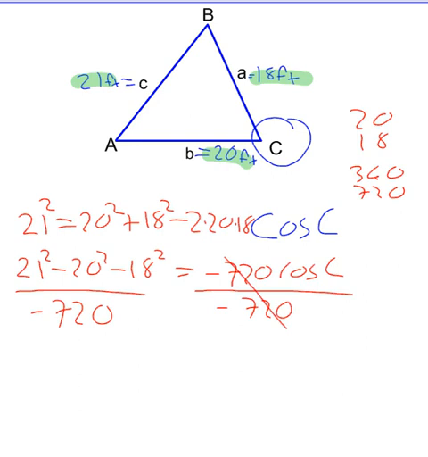Eventually on my calculator I'm going to be doing the inverse cosine. I tend to do the calculation and then take the inverse cosine of the answer, but it really doesn't matter. So 21 squared minus 20 squared minus 18 squared, all over negative 720.